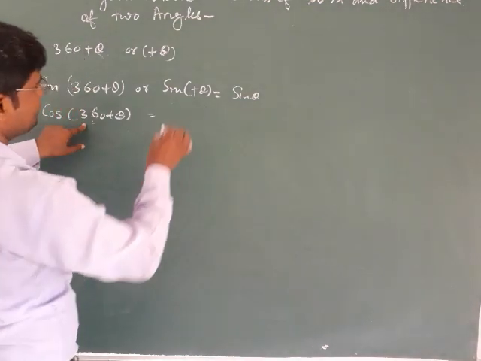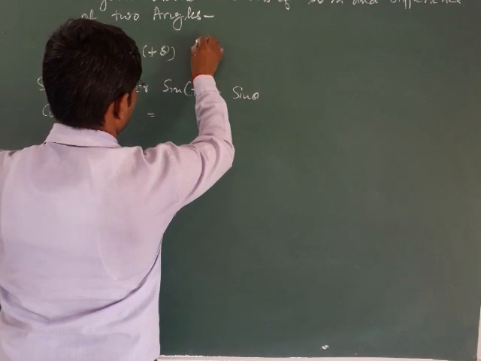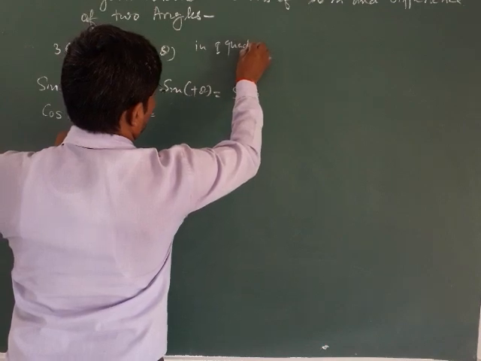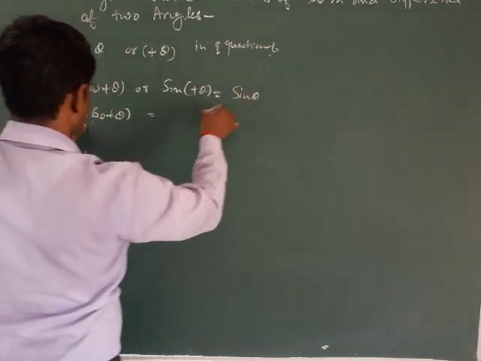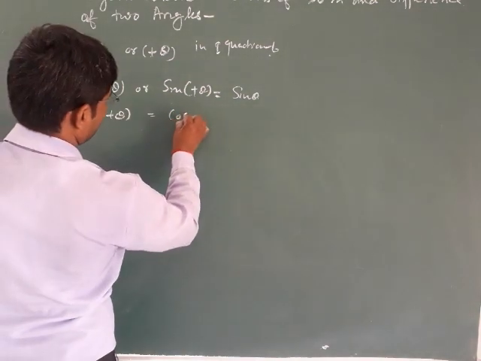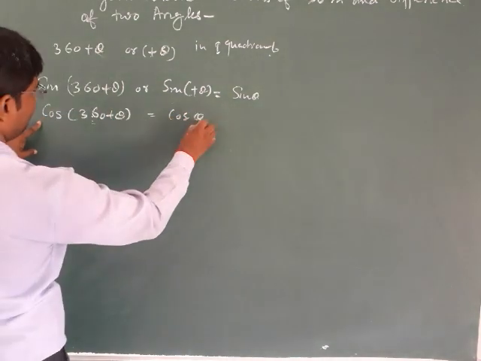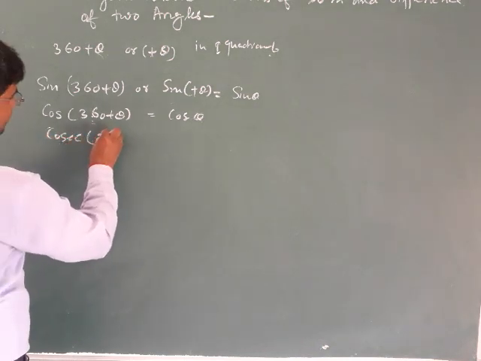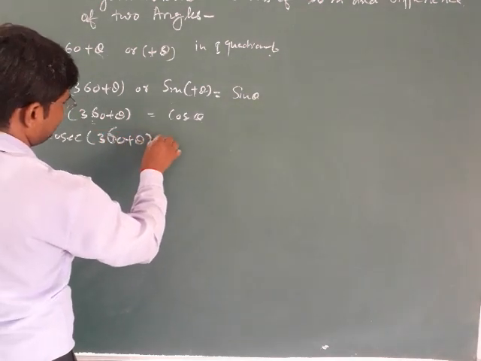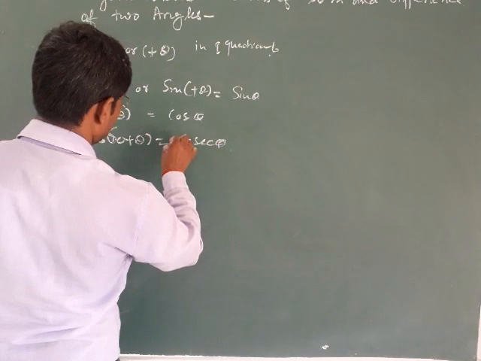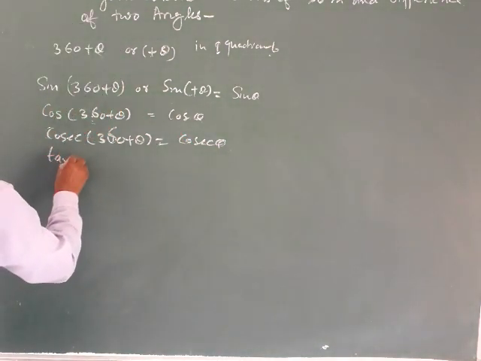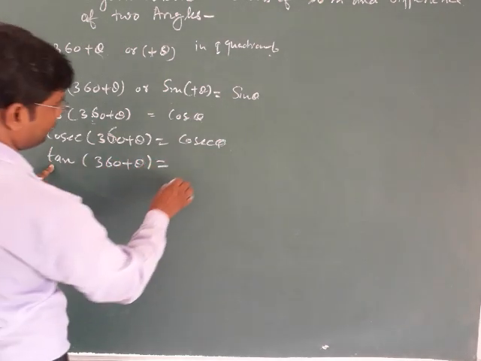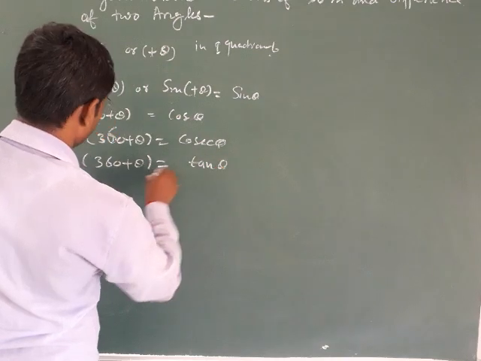These values lie in the first quadrant. In the first quadrant all values are positive. So cos of 360 plus theta is cos theta, and cosec of 360 plus theta is equal to cosec theta, which is positive. Tan of 360 plus theta is equal to tan theta, value positive.